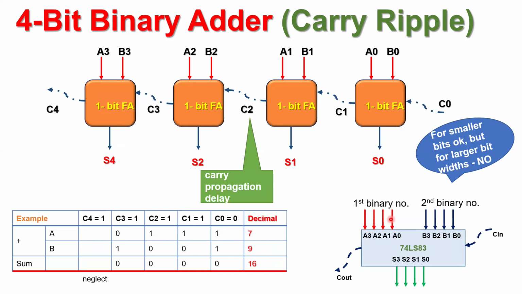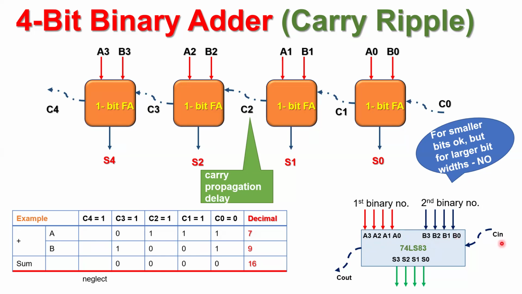This is the schematic representation of how the 4-bit binary adder will look. There is an IC available in the market with the name 74LS83. You can Google this number and get the datasheet of this IC. This is the bit width of number A: A3, A2, A1, A0. This is the bit width of number B: B3, B2, B1, B0.